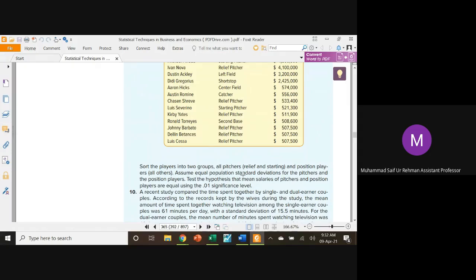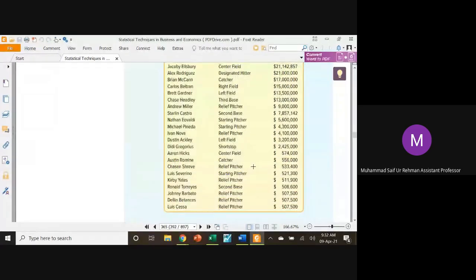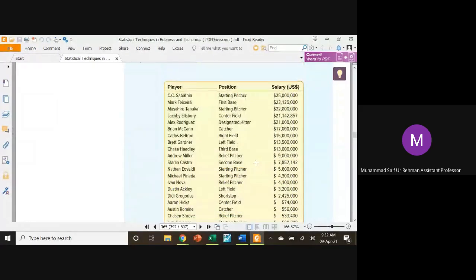Assume equal population standard deviations for the pitchers and the position players. Test the hypothesis that mean salaries of pitchers and position players are equal using 0.01 significance level. Simply see, you have to write down a separate series for those where pitcher is written.